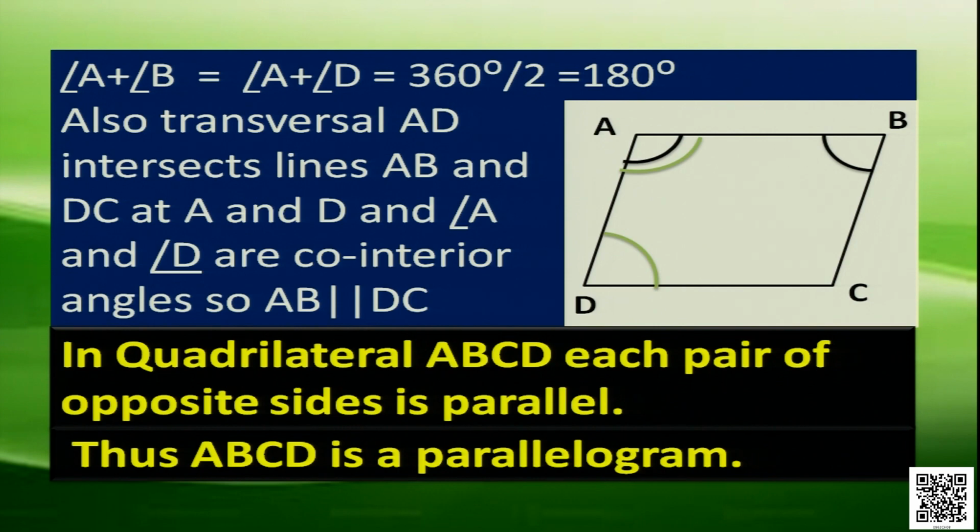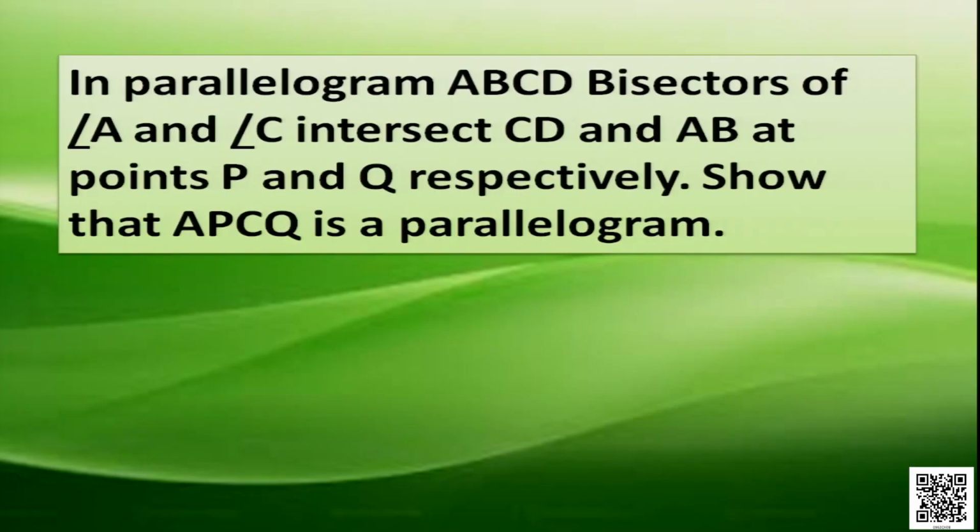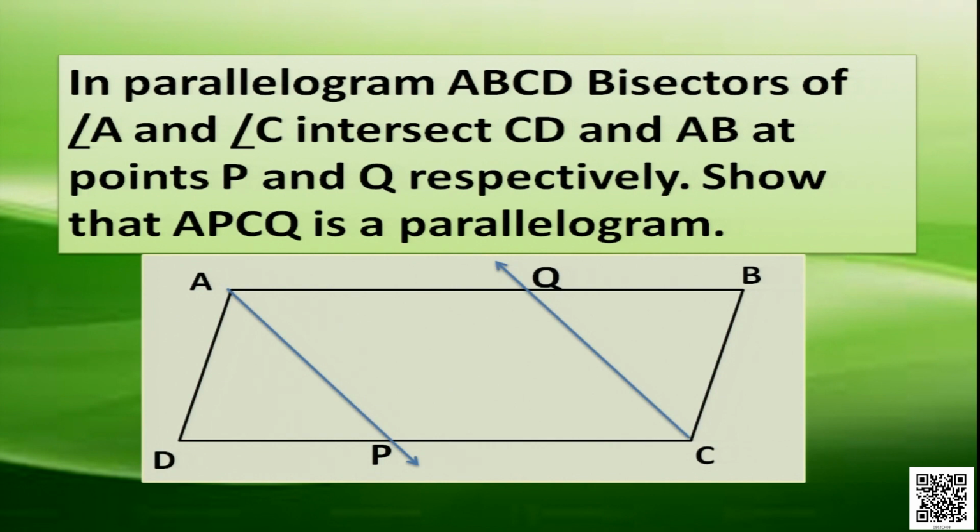By using these two properties, we can solve some questions. Let's see. Here a question is like this. In a parallelogram ABCD, the bisectors of angle A and angle C intersect CD and AB at points P and Q respectively. So the figure is like this. We have to show that the quadrilateral APCQ is a parallelogram.